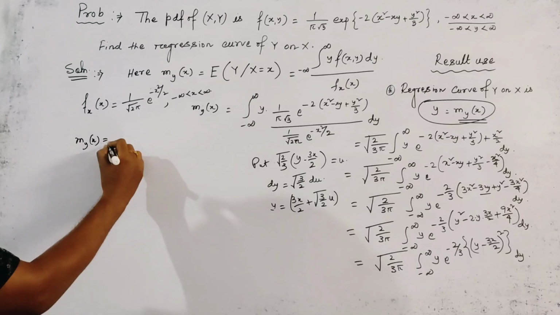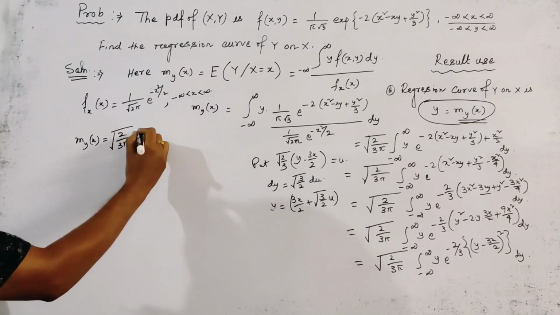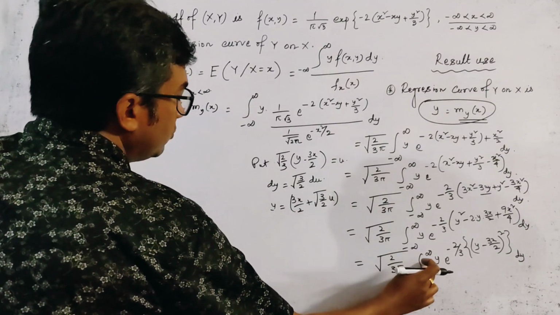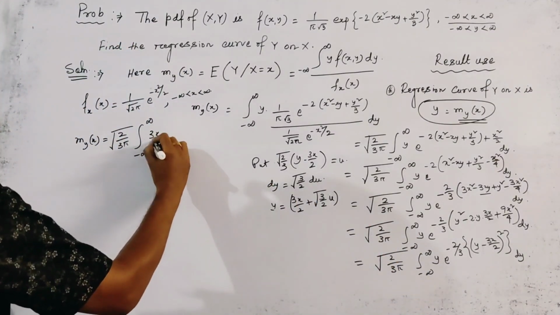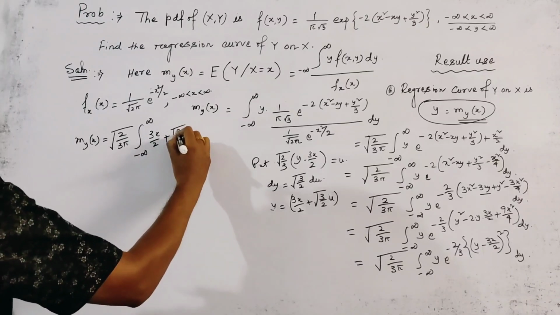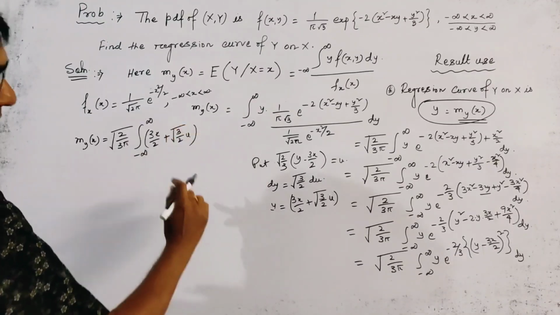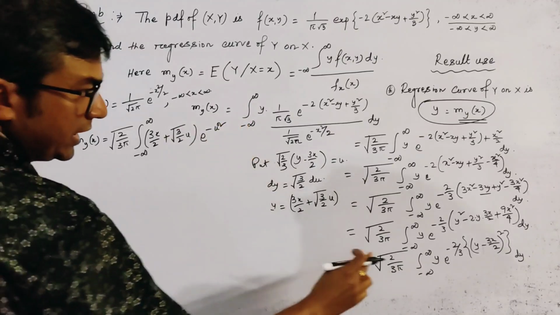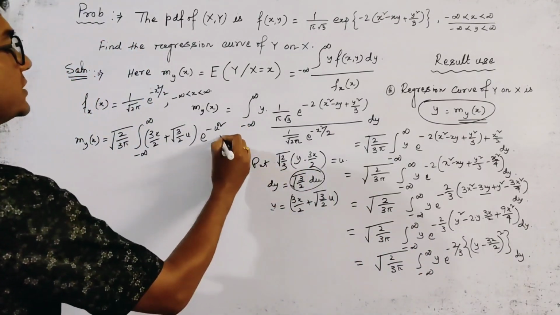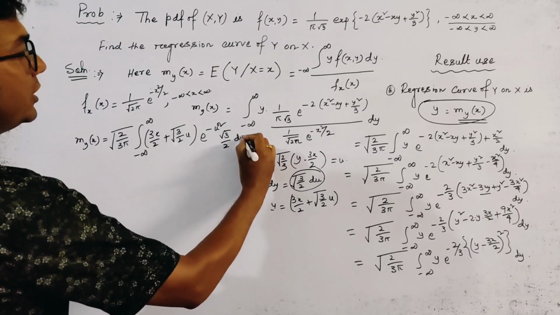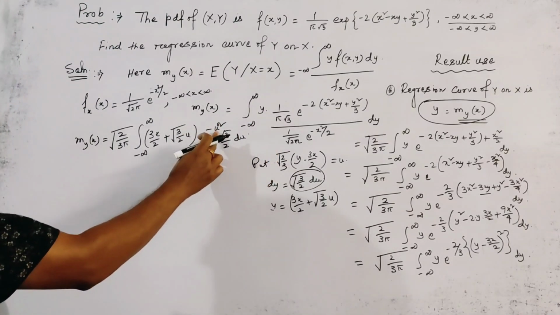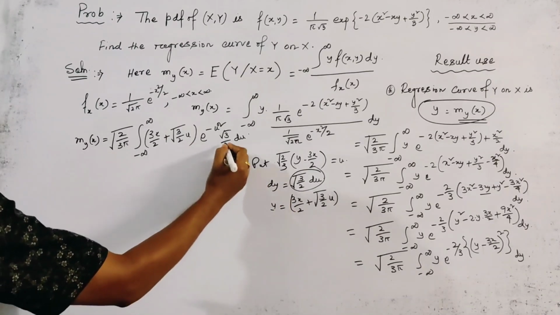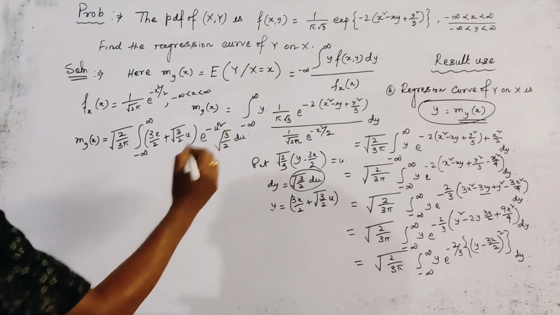m_y|x, which is given by root 2 by 3 pi, integration minus infinity to infinity. First put the value of y, this is 3x by 2 plus root 3 by 2 into u, and e to the power minus u square, and the value of dy is root 3 by 2 into du. Okay, and here root 3 cancels out, and this is not root 3 by 2, this is root under whole 3 by 2.